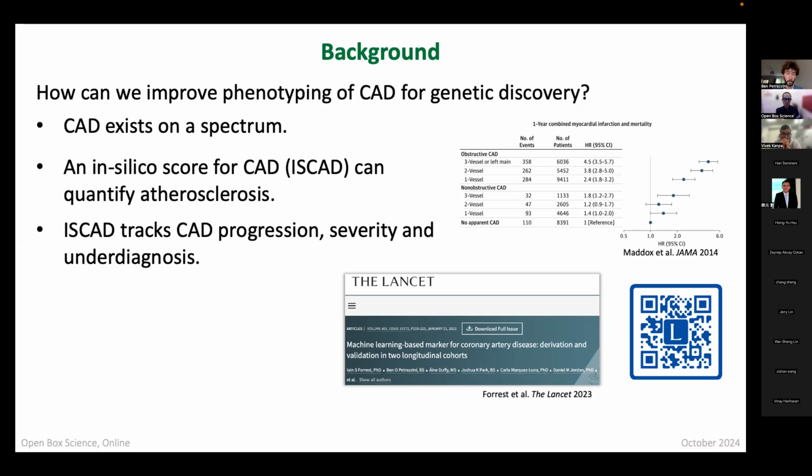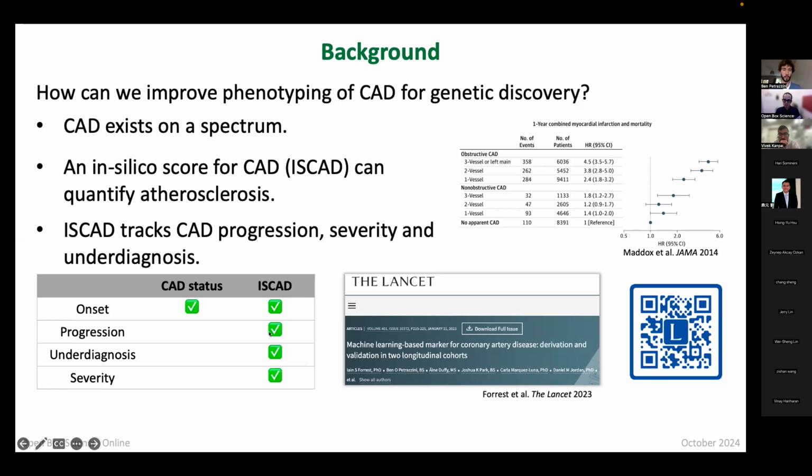But in essence, what the paper shows is that this ML tool can track progression, severity, and underdiagnosis of CAD. So when we compare traditional phenotypes that we use for genetic associations of cases versus controls, which we are going to refer to as CAD status, with this novel in silico-based tool, ISCAD, we can say that CAD status only captures disease onset, while ISCAD captures disease onset, but then also progression, underdiagnosis, and severity.